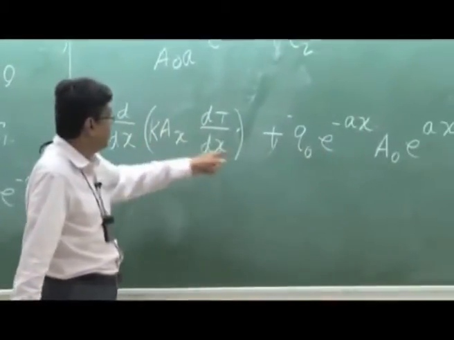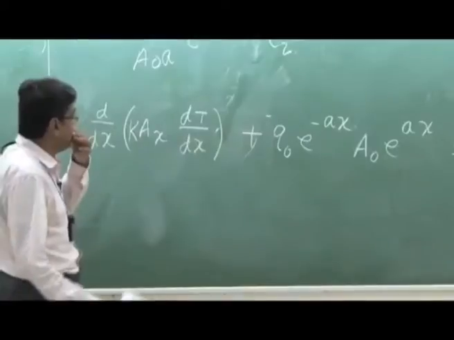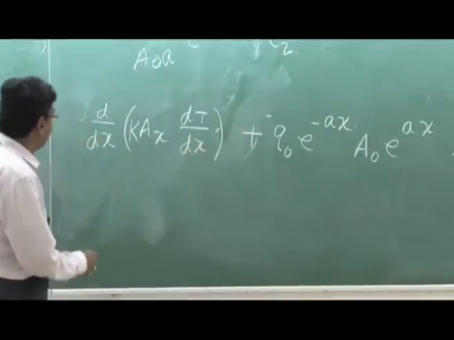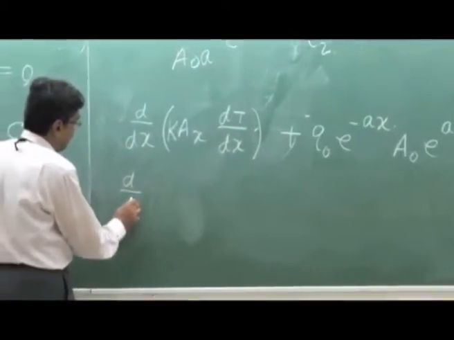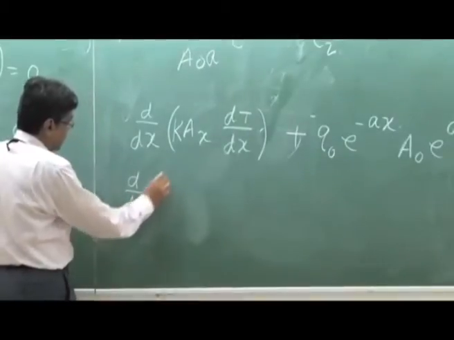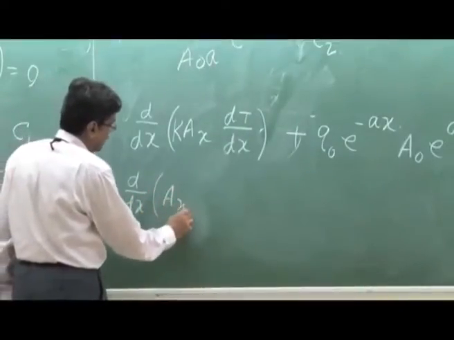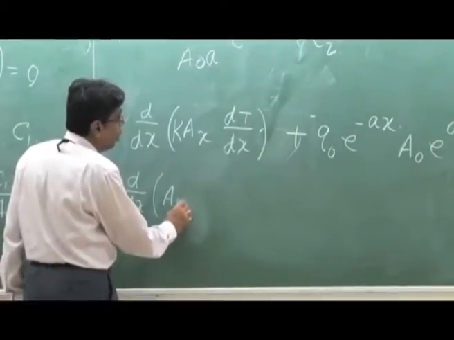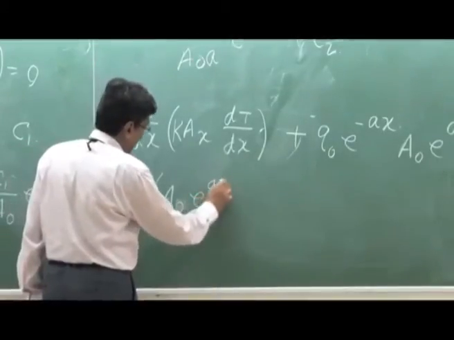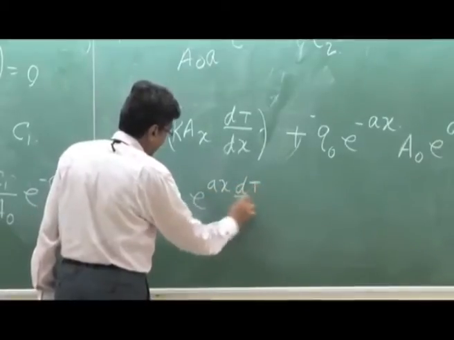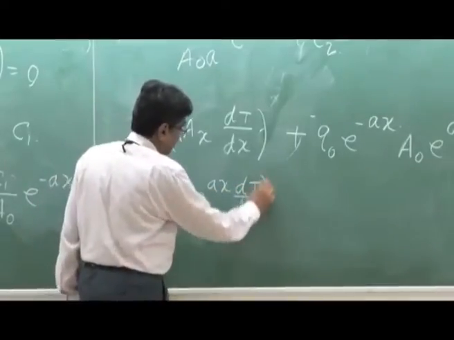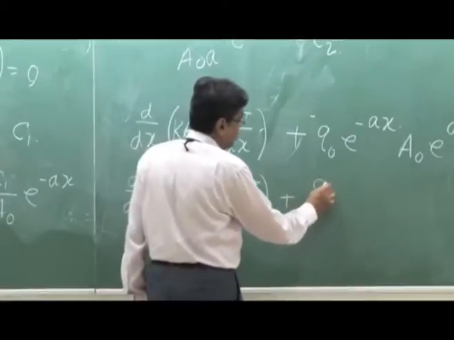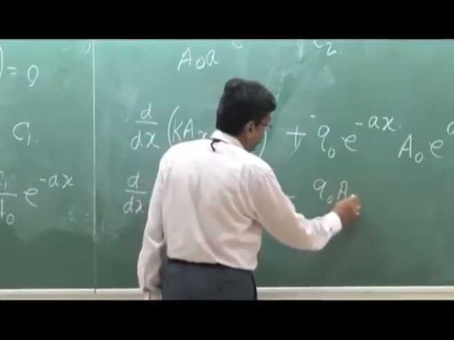Dividing this by this, e to the power minus Ax and e to the power Ax will cancel out. That means d/dx of Ax dT/dx, and Ax is also A0 e to the power Ax dT/dx, for constant thermal conductivity is Q0 A0 by K.